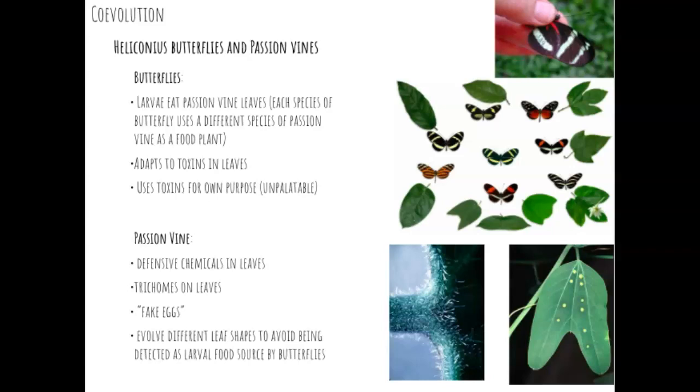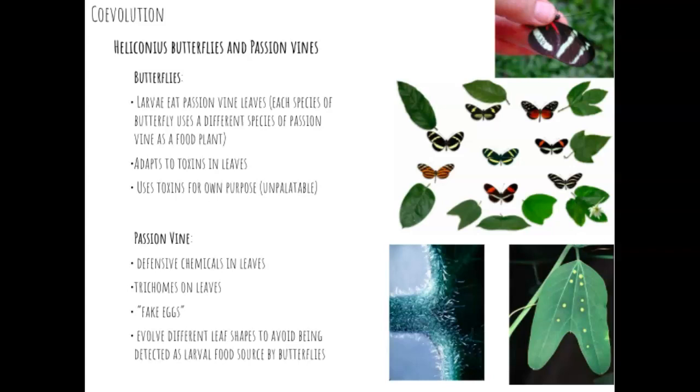Passion vines also have trichomes on their leaves, which are little spikes. It would be difficult for a small squishy caterpillar to walk on the leaves because they would be getting poked constantly by these little spikes.